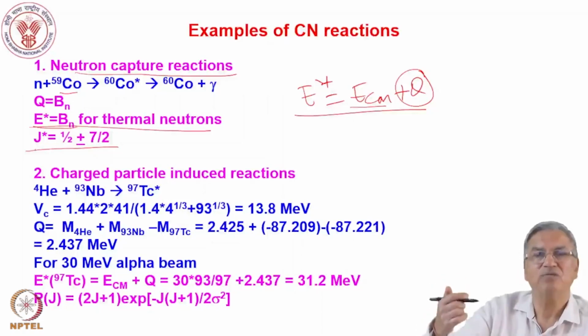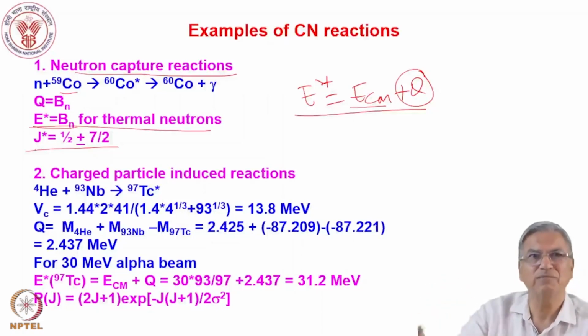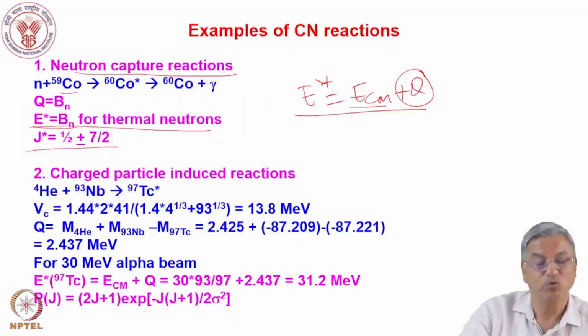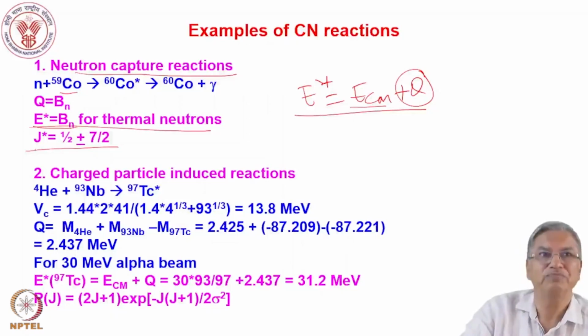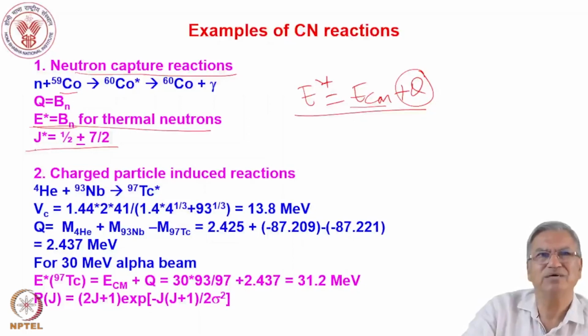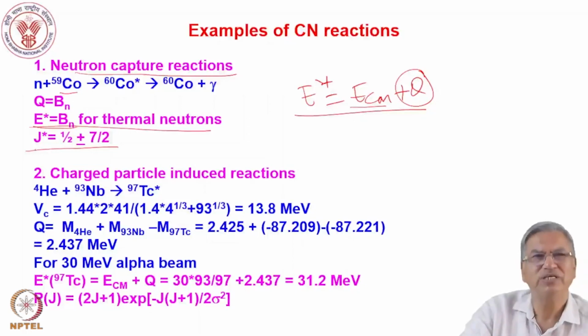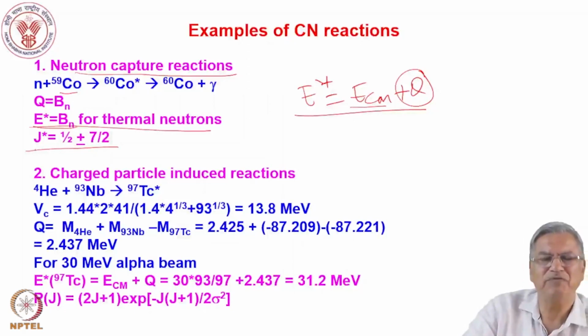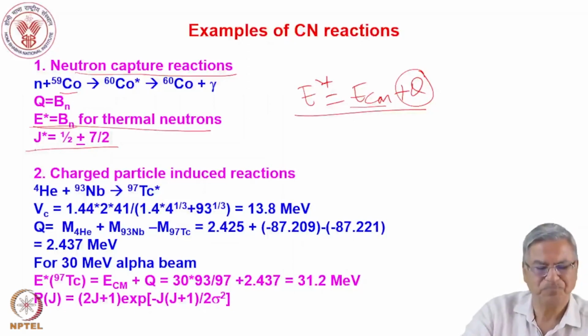Whatever state of the excited nucleus is available will be populated because angular momentum has to be conserved. So we will discuss the decay of a compound nucleus in terms of the available excitation energy and the angular momentum. These are the two important properties which will govern the ultimate fate of the compound nucleus.